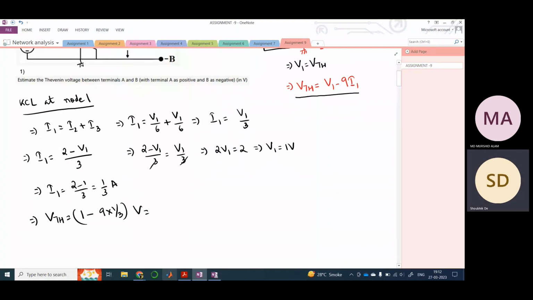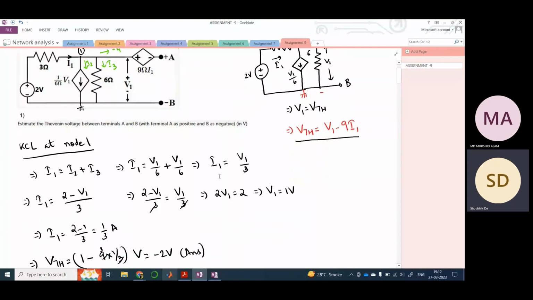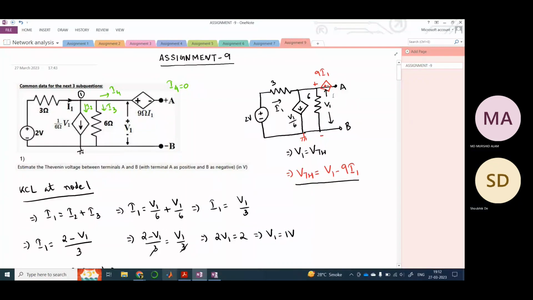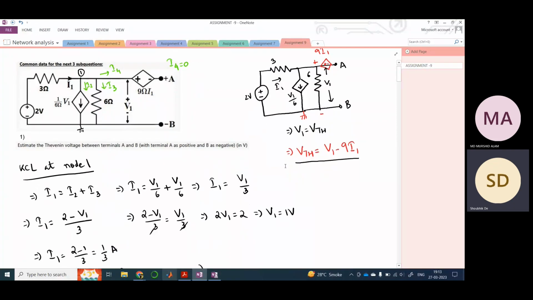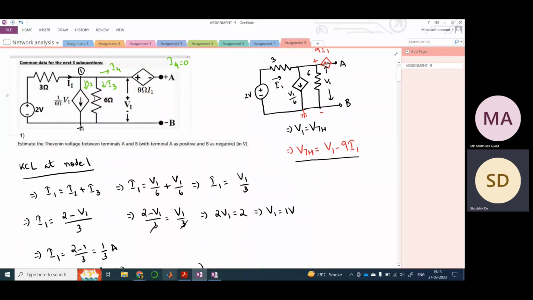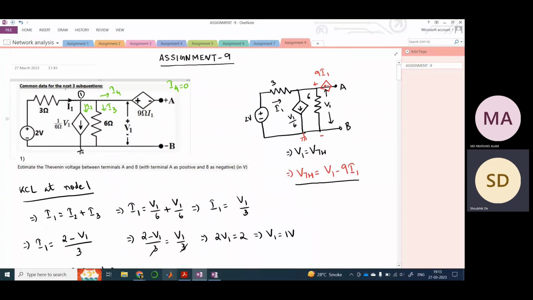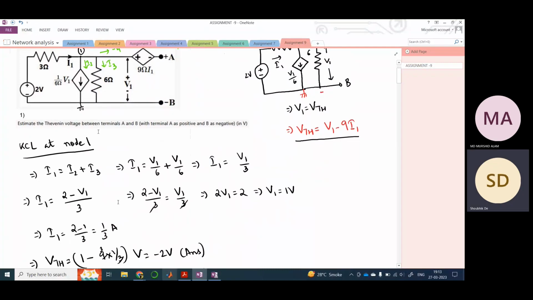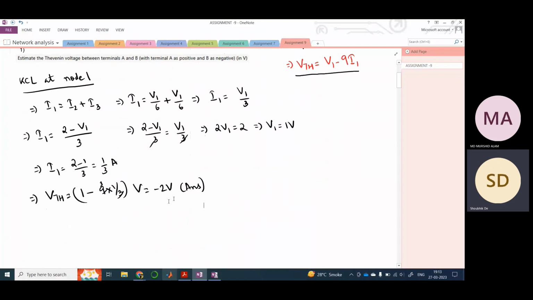So this is how you calculate VTH. It is pretty simple, provided you know what VTH actually is. So this is V1 minus 9I1. Once you do that, you simply apply KCL at this node 1, obtain I and V1 in terms of I1, and you calculate I1. After that, you will get your final answer.